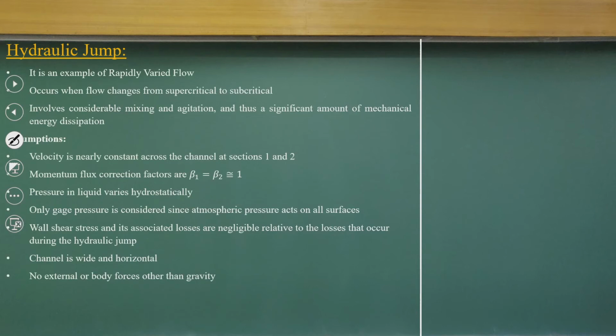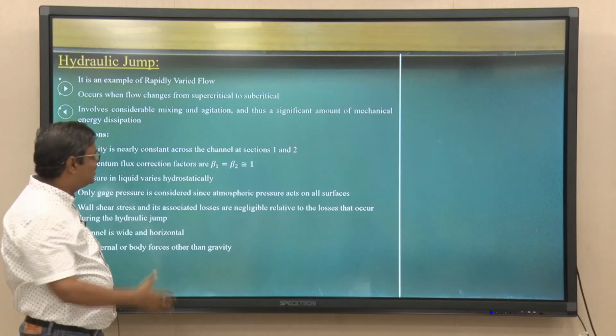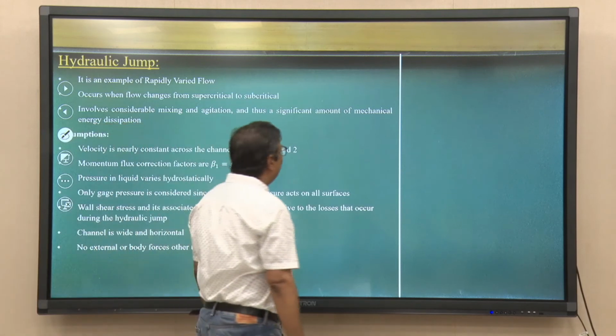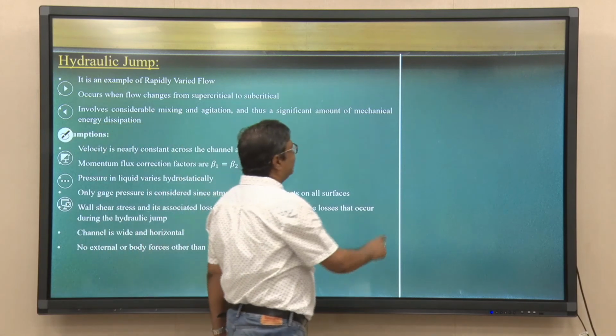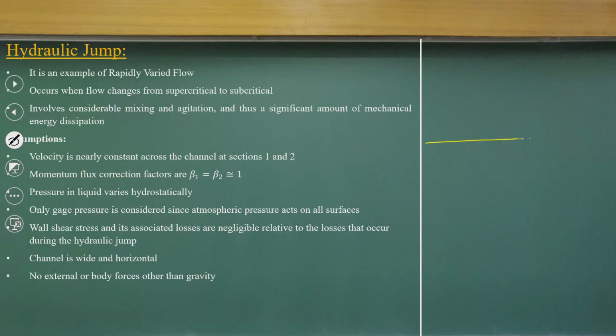As I am discussing hydraulic jumps, I am not going into detail about them, as I just discussed, but I will highlight it. When you have a hydraulic jump, what are the assumptions we put in to get a theoretical value?